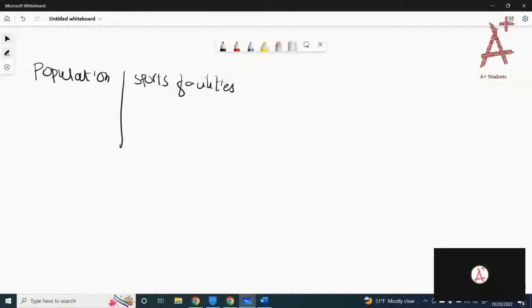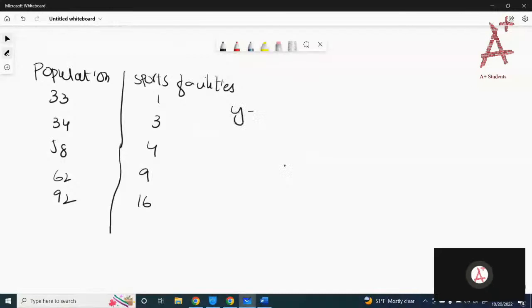The population values are 33, 34, 58, 62, 92, and the sports facility values are 1, 3, 4, 9, 16. The least square regression line is y equals 0.237x plus 6.599.